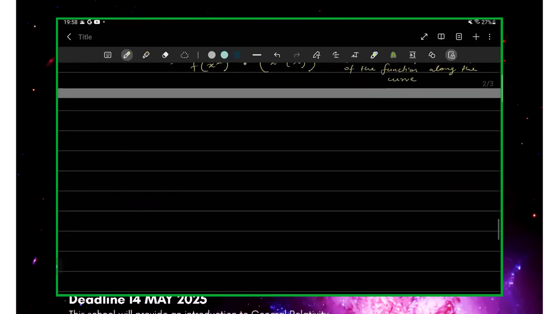So in this case, since the curve is parameterized by lambda, the natural extension would be to find a derivative with respect to the parameter lambda, right?